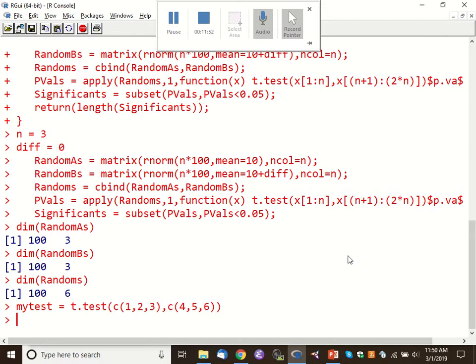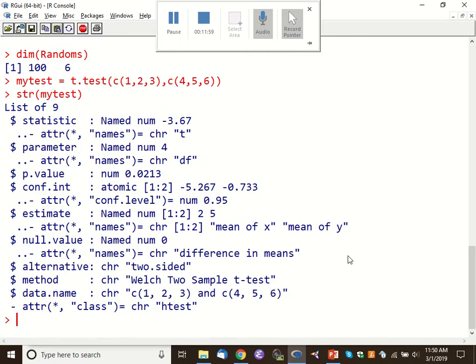Okay, so what we can recall is that my test has a structure to it. We see that the value returned by t-test is a list that includes a statistic. This is the t-statistic that the t-test is named for. It has parameters, including the number of degrees of freedom.